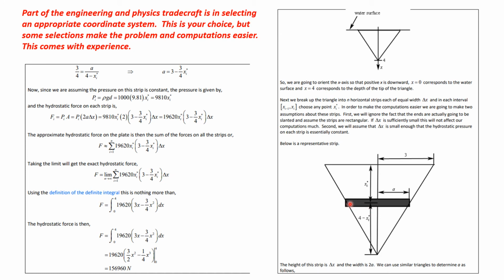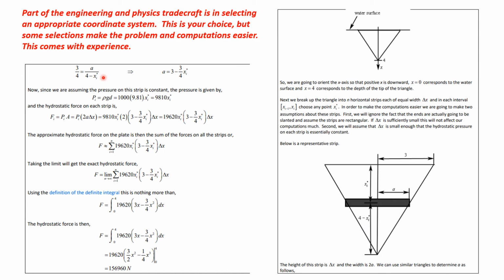The width is 2a because I'm going from there to there, so I have to figure out what that a is, but notice that a changes. A is 0 up here, and it becomes 3 down here. So that means I need to know the equation of this line. Now I'm going to figure this out using similar triangles. So you see the big triangle has 3 is to 4 as a is to 4 minus x.